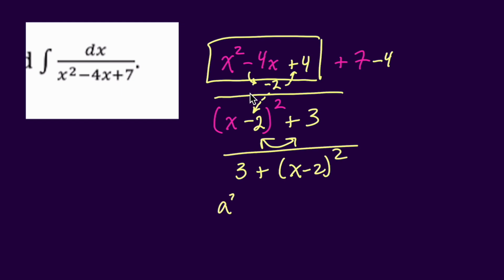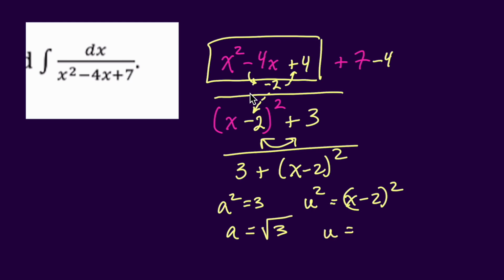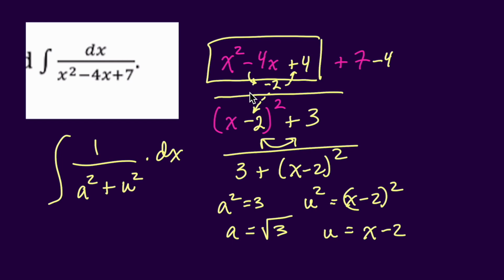So we're going to let a squared equal 3, and we're going to let u squared equal x minus 2 squared. Therefore, a is going to equal the square root of 3, and u is going to equal x minus 2. We're now going to rebuild our integral, and we're going to have 1 times dx over a squared plus u squared.